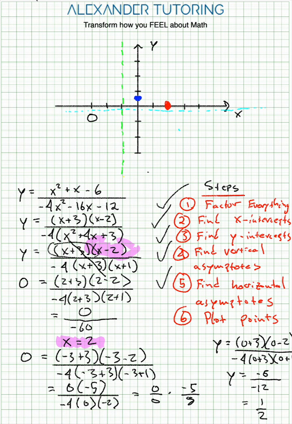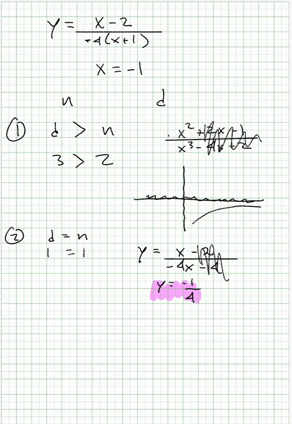Before we move on to the last step, I just want to give you the third case, which is the hardest case, and that is if d is less than n, that is the degree of the numerator is larger than the degree of the denominator. This actually splits off into two cases.